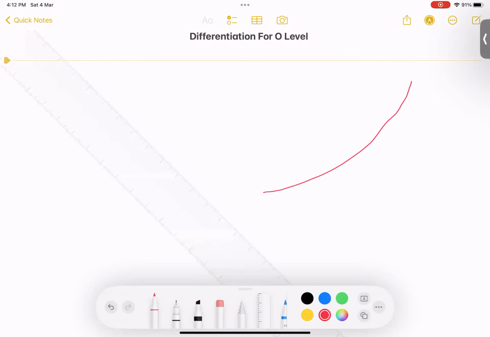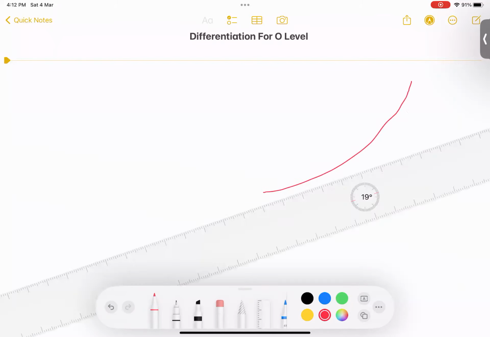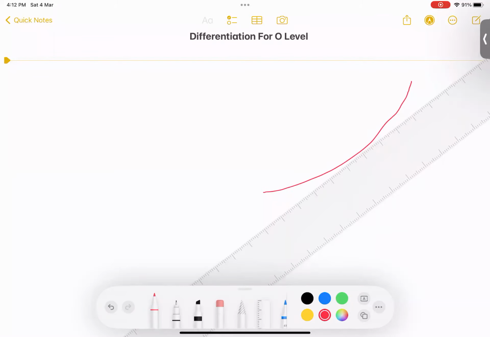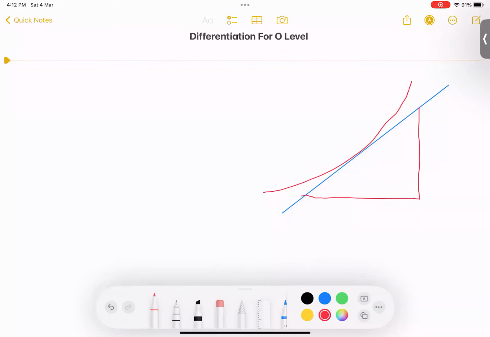If I draw a tangent at any point, for example this one, and I want to find the change, then what is the technique to find change, students? For example, I can make a triangle here, or I make it again so you can understand.